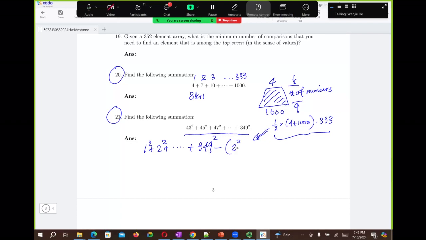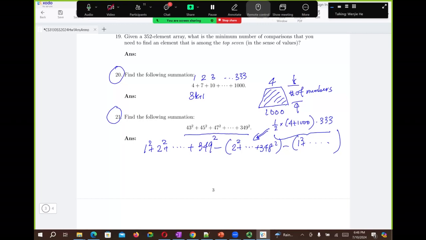The even part too, so 1 square plus, and so on. You need to do that. In the exercise question set, I gave you a similar question, just with different numbers. I gave you the calculation way used in that exercise question.